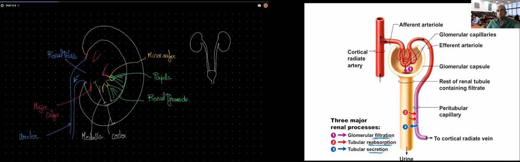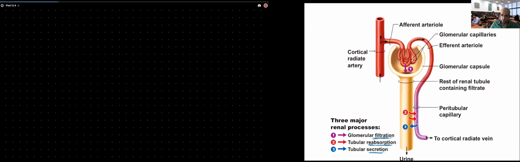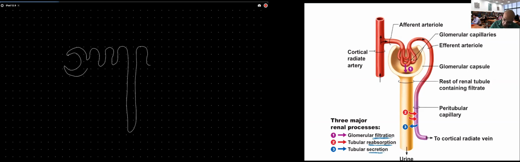If you remember, we stated that the functional and structural unit of the kidney was the nephron, and the nephrons are formed of tubules, and running parallel to them, we've got our capillaries.